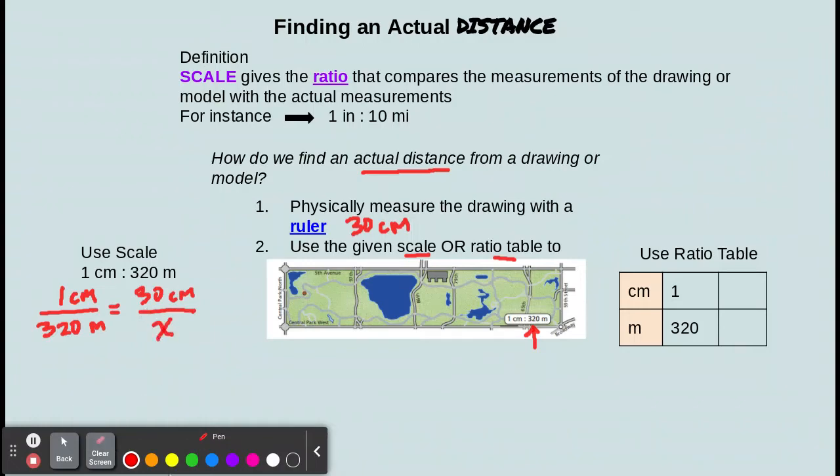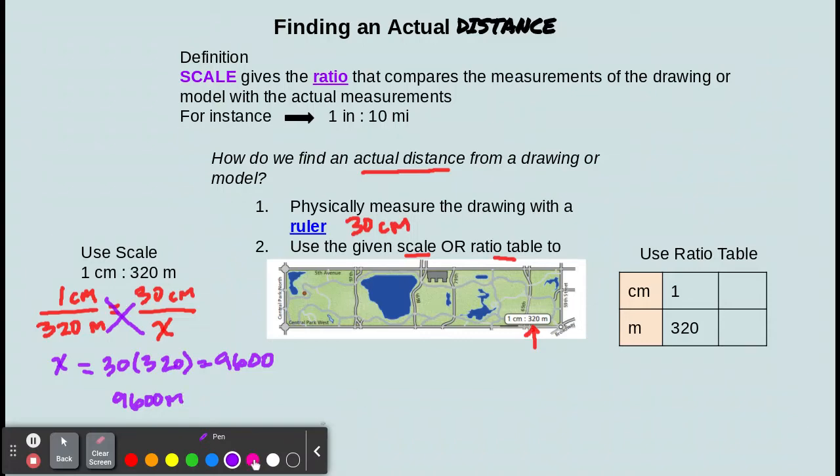So we set it up like this, and then use our cross product to solve. 1 times x is x, and 30 times 320 is 9,600. So the actual perimeter of Central Park is approximately 9,600 meters.